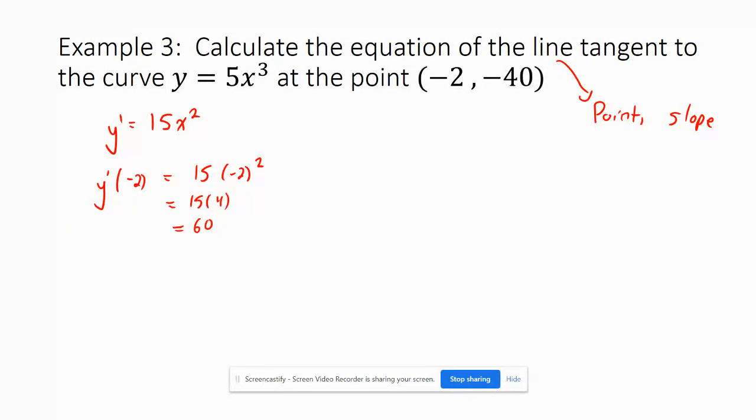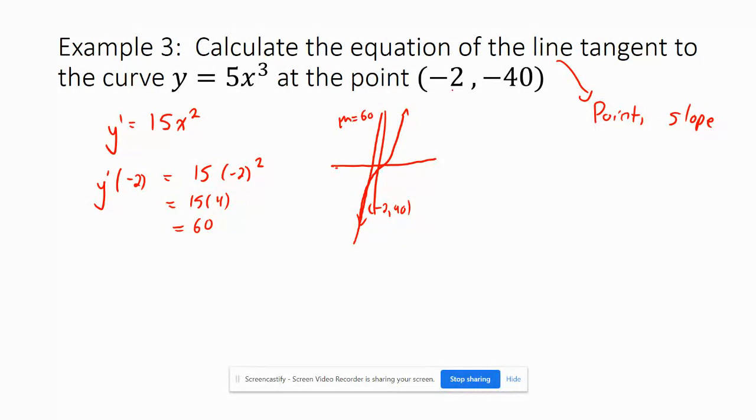That means for this graph, y equals 5x cubed is going to be like a cubic function like this, and this is definitely not to scale. Say negative 2, negative 40 is this point down here. This is saying that the tangent at this point has a slope of 60.